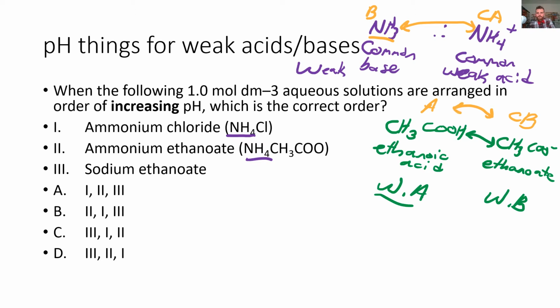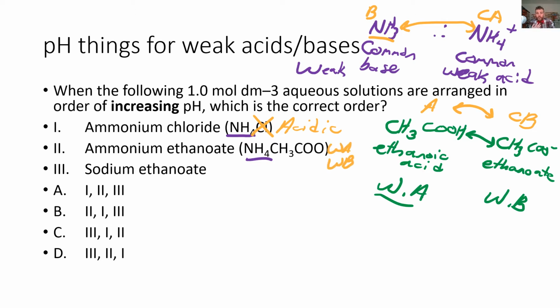Same logic. So I've got ammonium chloride. This is going to be acidic because Cl is a spectator ion, and we just talked about how ammonium, the NH4, is an acid. I've got NH4COOH, so this is going to be weak acid and weak base.